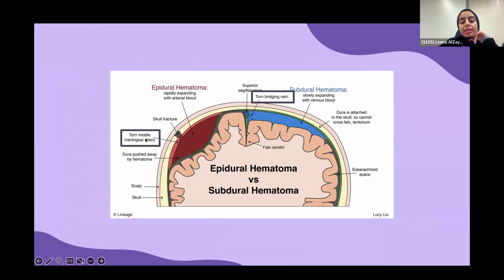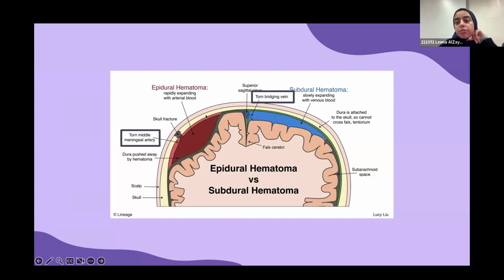Basically, it's a torn middle meningeal artery. This is the meningeal artery, and we can see that it's right above the dura mater, and if the skull, for example, fractures, you'll have a case where someone fractured their skull, the middle meningeal artery ruptures, and then you have an epidural or extradural hematoma.